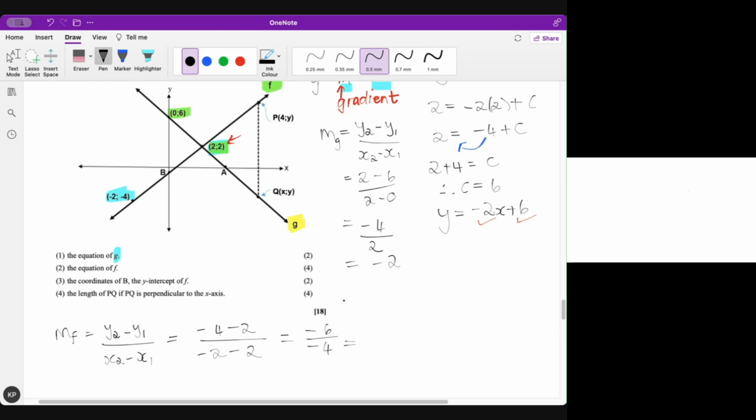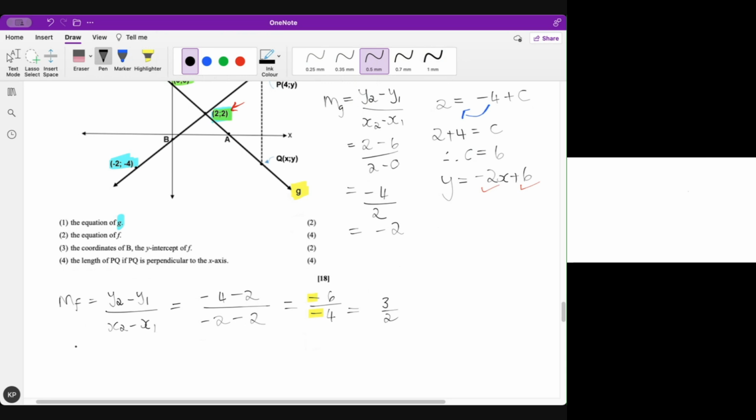What's my final answer for the gradient, guys? It's negative 3 over 2. No, positive, because we're dividing a negative by a negative. So it is a positive 3 over 2. Okay, so then I'm going to use this coordinate this time.